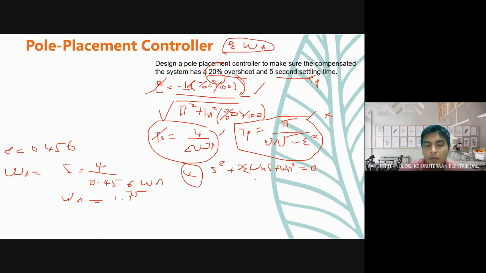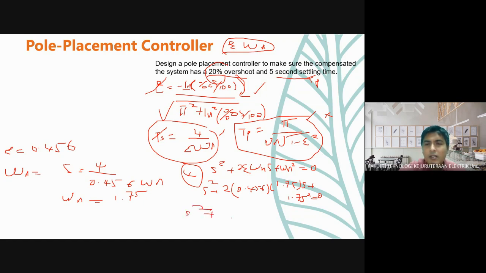So you just substitute everything: s square plus 2, zeta is 0.456, multiplied with omega n 1.75, s plus 1.75 square. So this is the answer will be s square.